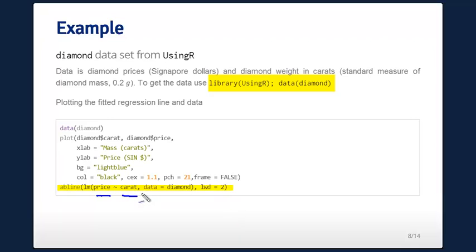We want to figure out how big is the rock, how much does it predict its price. data=diamond just says that diamond is the data set that we're grabbing the variables from. abline, notice if you plug a linear regression into abline, it just adds it to the plot. lwd is line width, and 2 means twice as wide as it would normally plot the line.